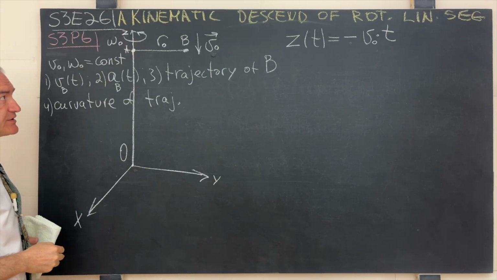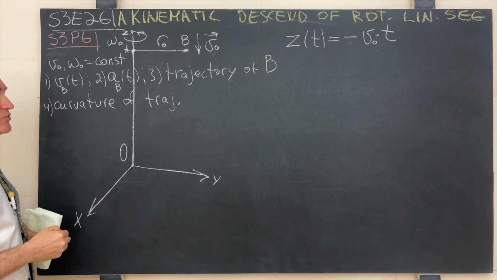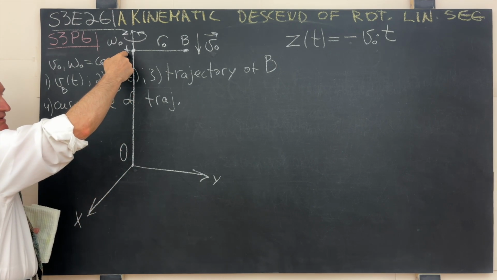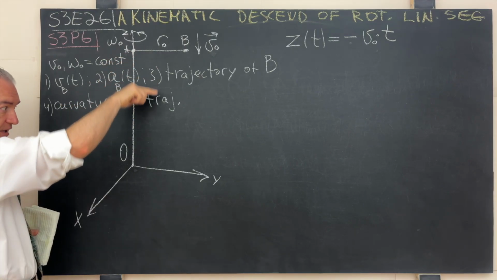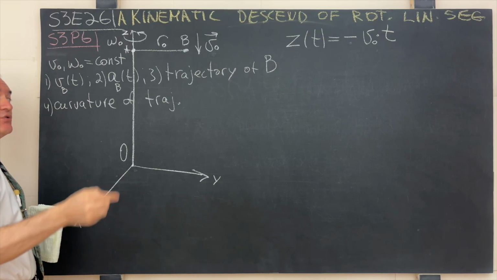Now, once we understand that, we now switch again. We temporarily suspend the uniform translational motion of the line segment in the vertical direction. Go back to the rotation.